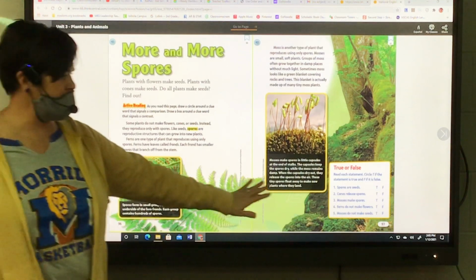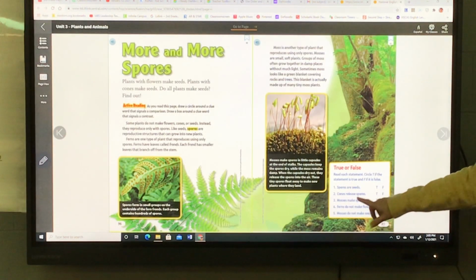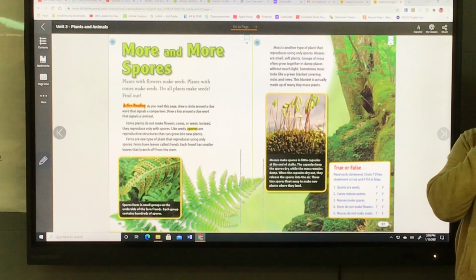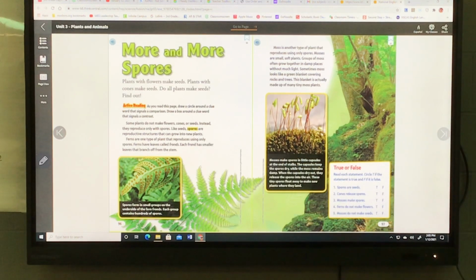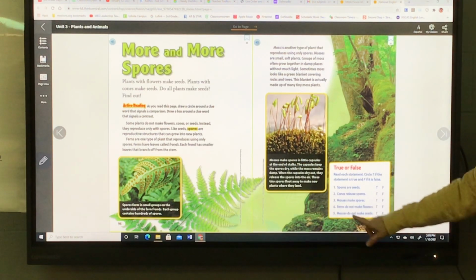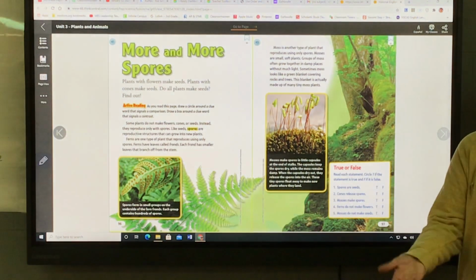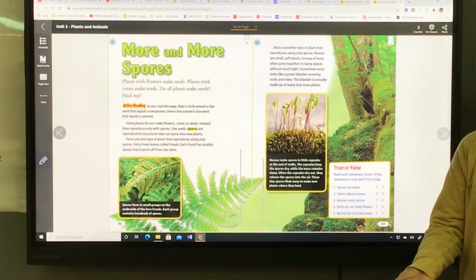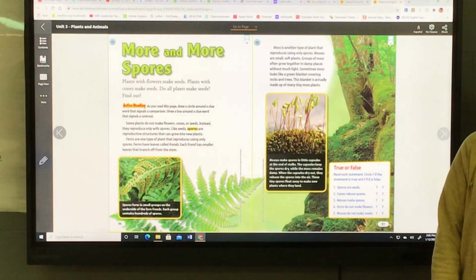Did it say anything here to make you think ferns do not make flowers? Did it say anything about flowers in there? No. So what would we need to mark here? Ferns do not make flowers. Is that true or is that false? True.